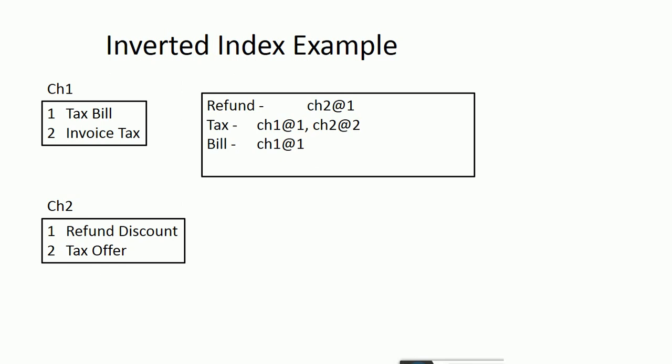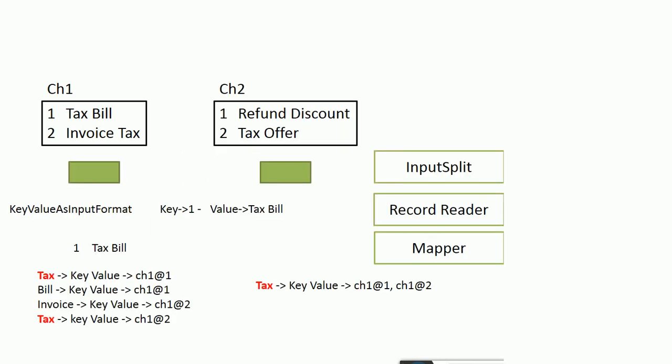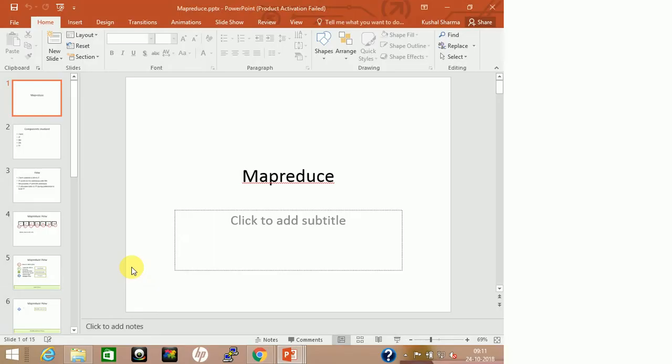Let me give it as an exercise to you: how will you write logic in map phase and how will you write logic in reduce phase. You just have to write it in an algorithmic way, how you will organize the logic into map and reduce phase. This is the solution, but I'll not show you. Is the MapReduce concept clear, right?